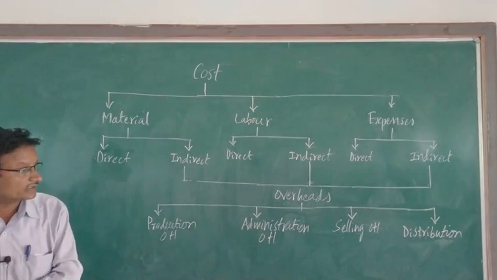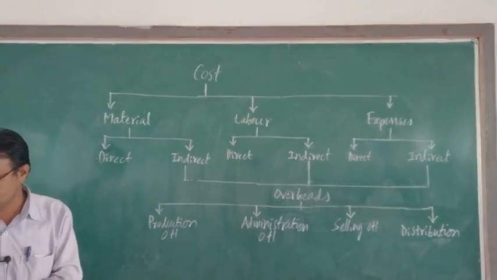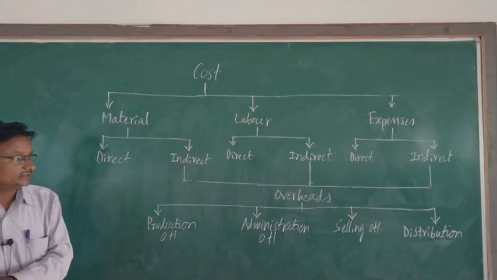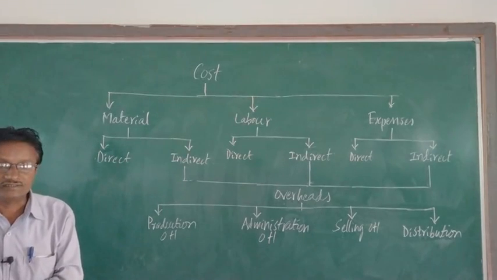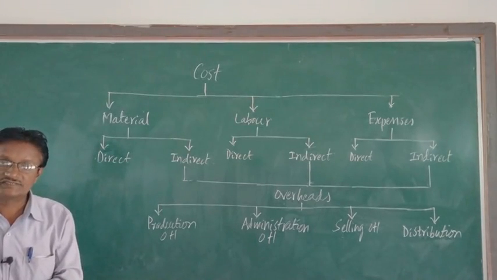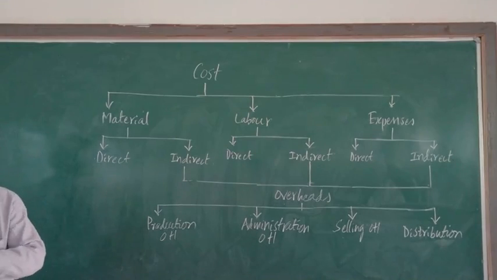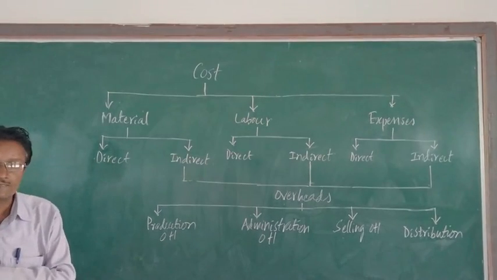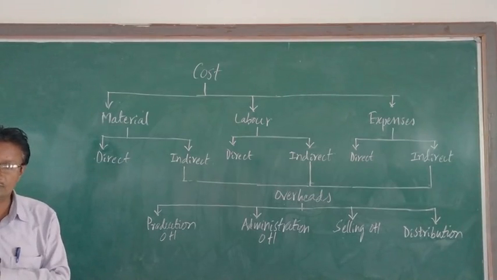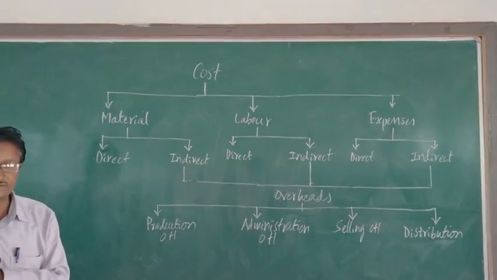Next, what are distribution costs? Distribution cost is an expense incurred in connection with the distribution of goods. So, all expenses incurred for distribution of goods are called distribution overhead.